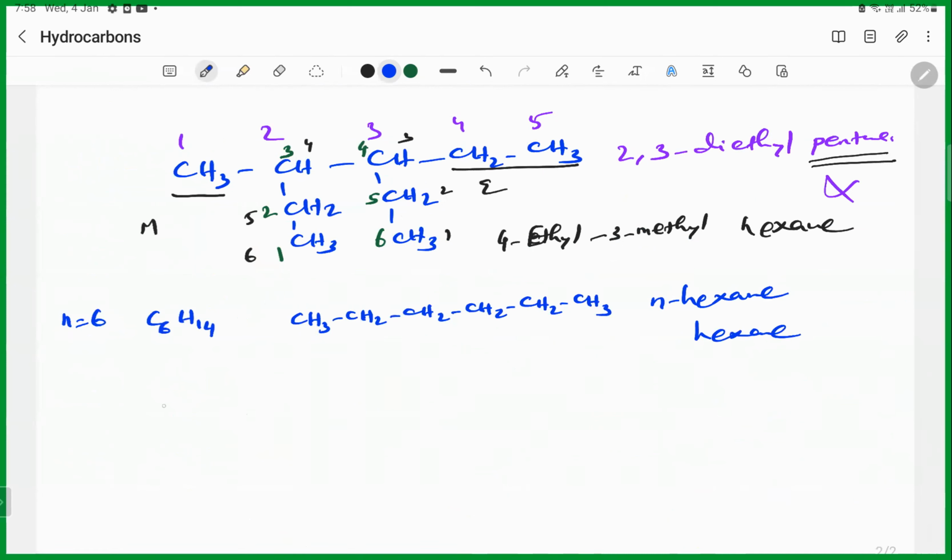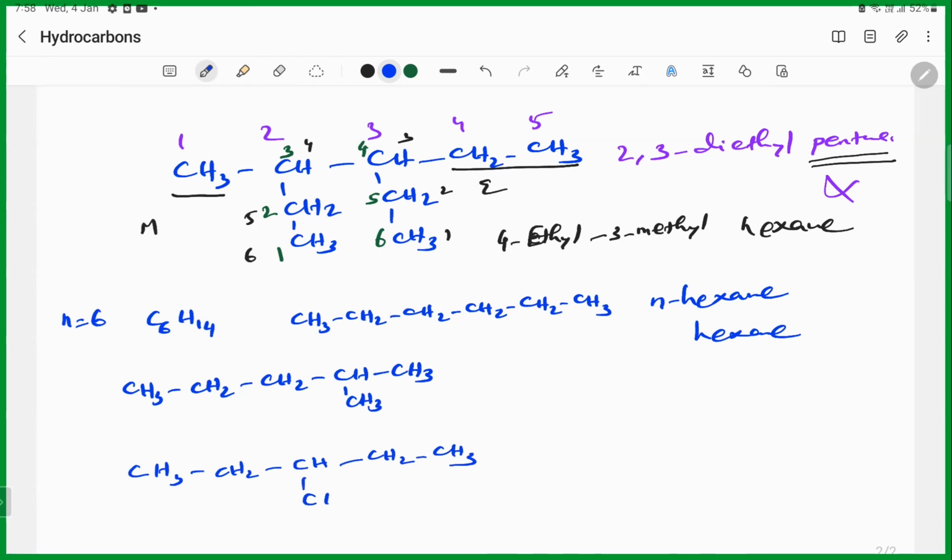And the other structures you can write: CH3, CH2, CH2, CH, CH3 and CH3. When you IUPAC name it, I will write the possible structures. CH3, CH2, CH, CH2, CH3 and CH3.